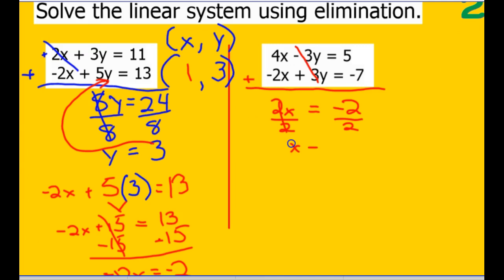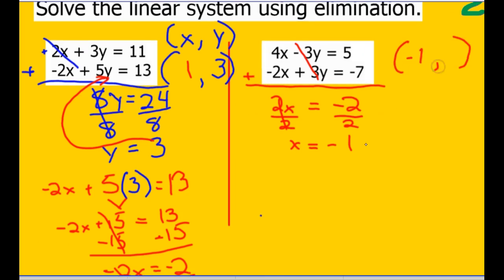And we get x equals negative 1. So, in our ordered pair, we know that x equals negative 1. So we're going to take this negative 1 and replace it with the x. Doesn't matter which equation, we'll just do the top one this time.